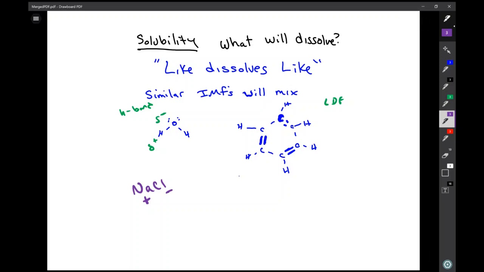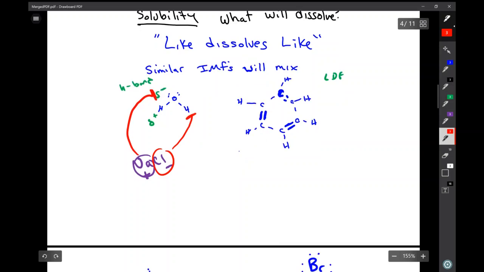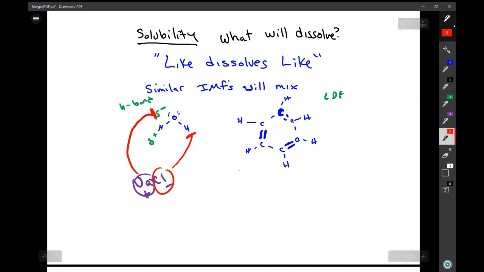And when you take sodium chloride and add it to water, when that sodium chloride comes in contact with the water molecules, they will actually pull apart the sodium and the chlorine. The chlorine will be attracted to the hydrogen end, and the sodium will be attracted to the oxygen end. Right? So that's what splits up the sodium chloride, and that's what makes your solution. That's what makes them dissolve.